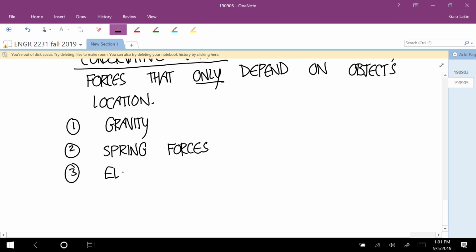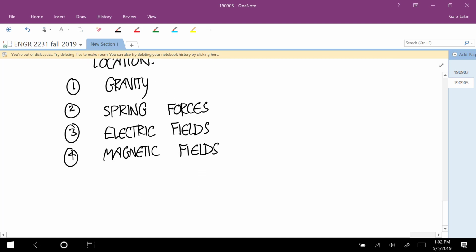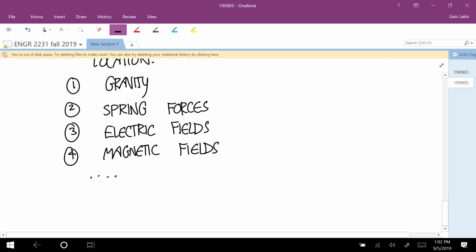Electric fields, magnetic fields, probably some others, but those are the most important ones.